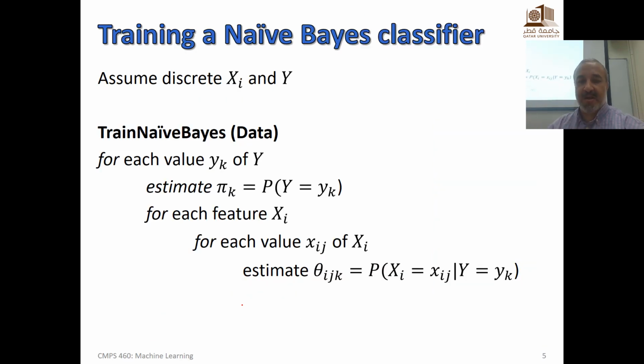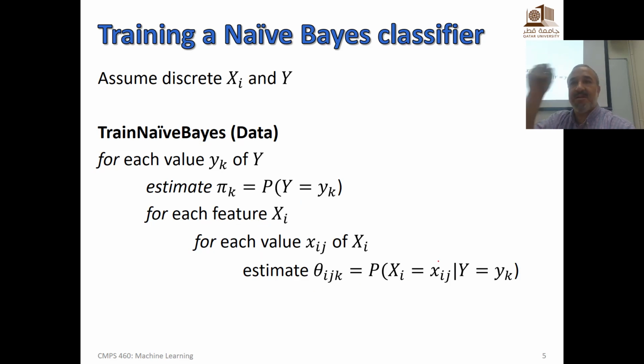Right, this is, I think, the slide that we skipped last time. I told you that after training, it will be clear. This should now be very clear. That's the pseudocode for training. Given the training data, for every value of the class label, we need to estimate the probability of the class. And then for each feature, for each value of this feature, we need to estimate the conditional probability.